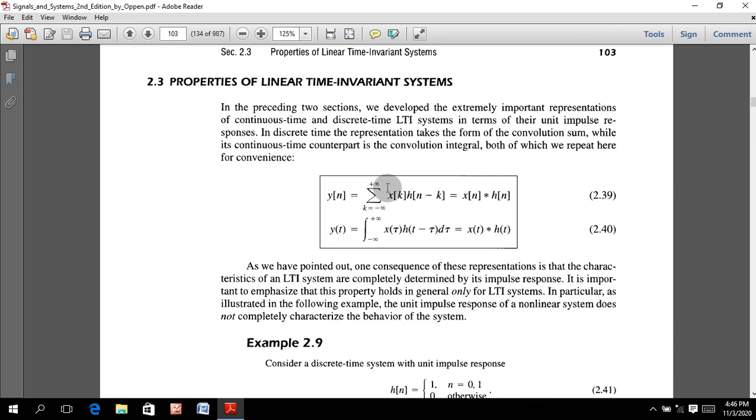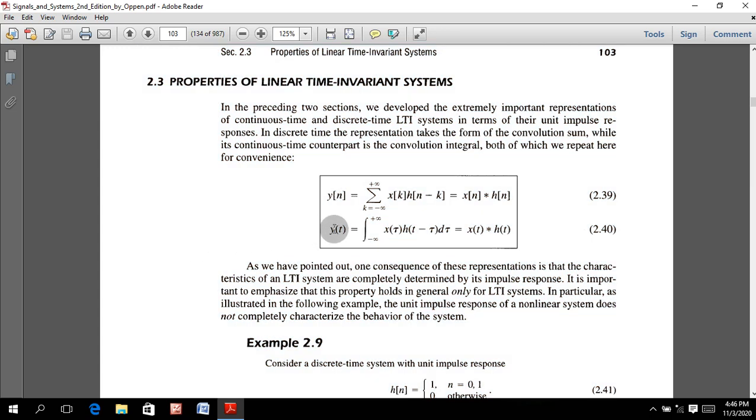So we will conclude the convolution sum here, and we are going to start with the properties of linear time invariant systems. The properties that we have already discussed, if we revise them all, first we get that y of n, the discrete time signal, is the sum from minus infinity to plus infinity of x of k into h of n minus k, which could be written as x of n convolved with h of n.